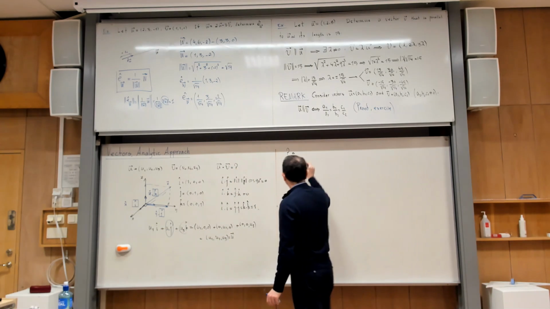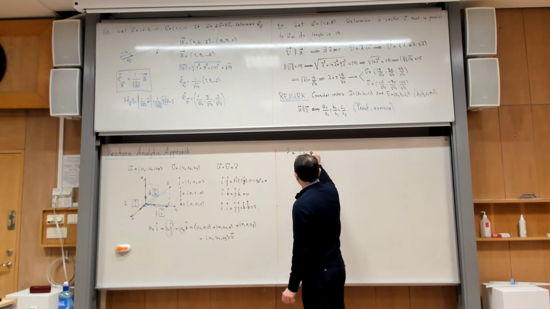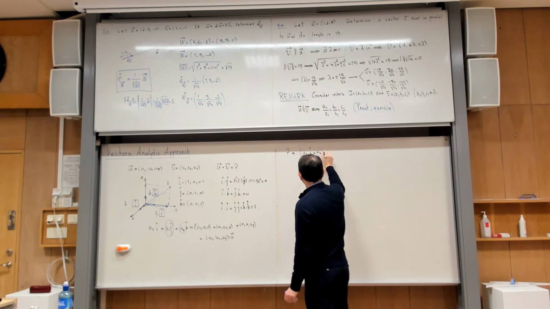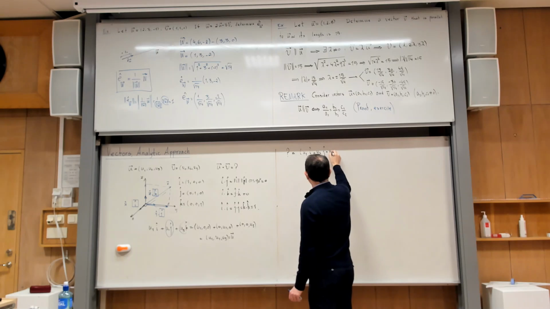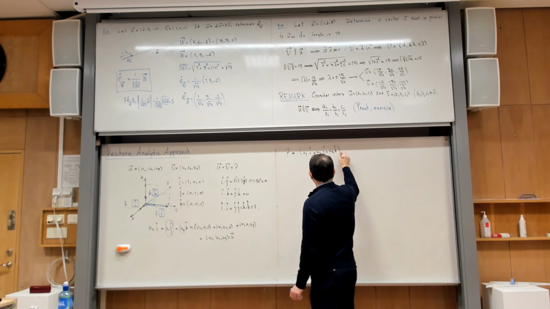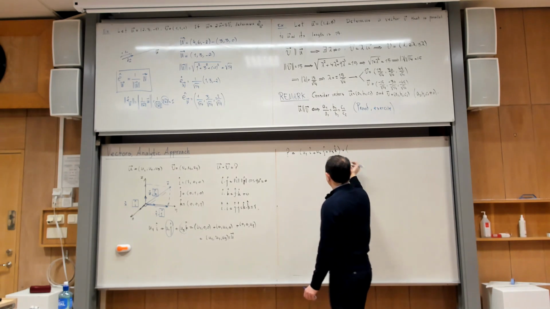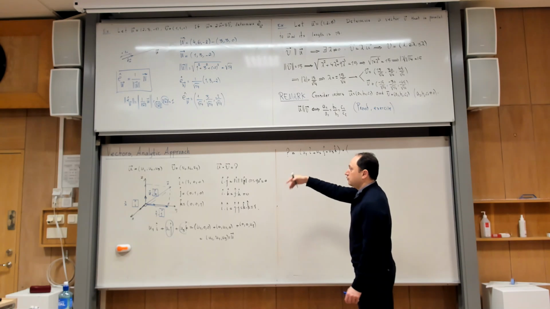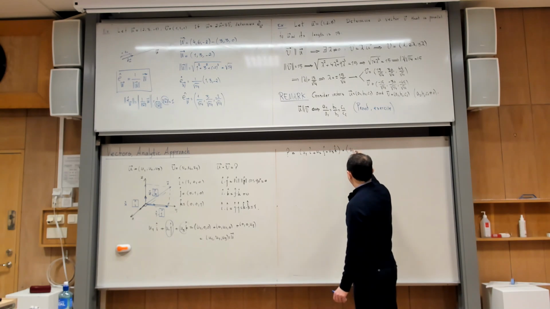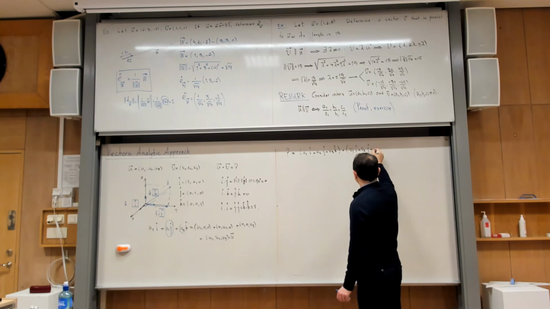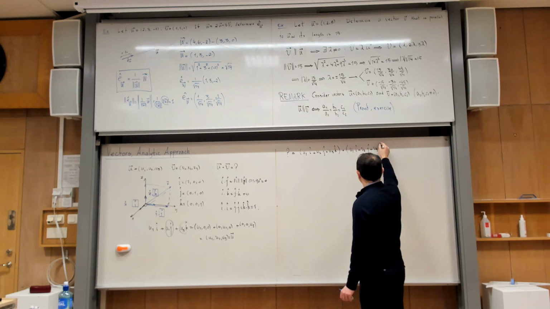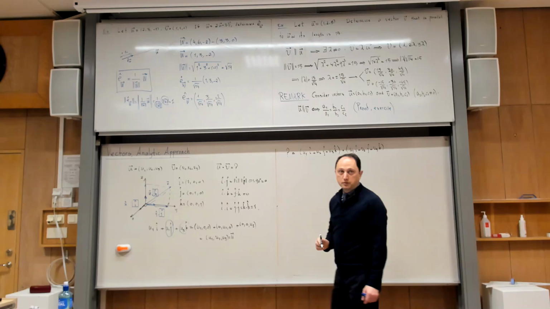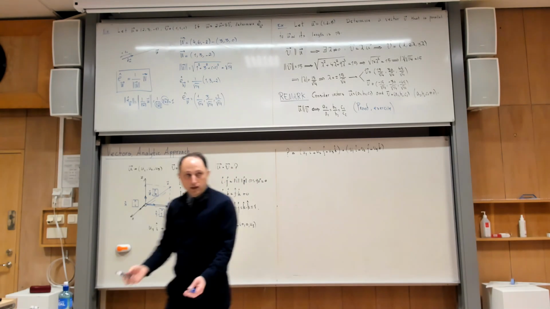So I can write it as u1 i hat plus u2 j hat plus u3 k hat. And I want to dot product it with the second vector v, which of course can be written as v1 i hat plus v2 j hat plus v3 k hat. I have to calculate this dot product. Okay? But I can calculate it.